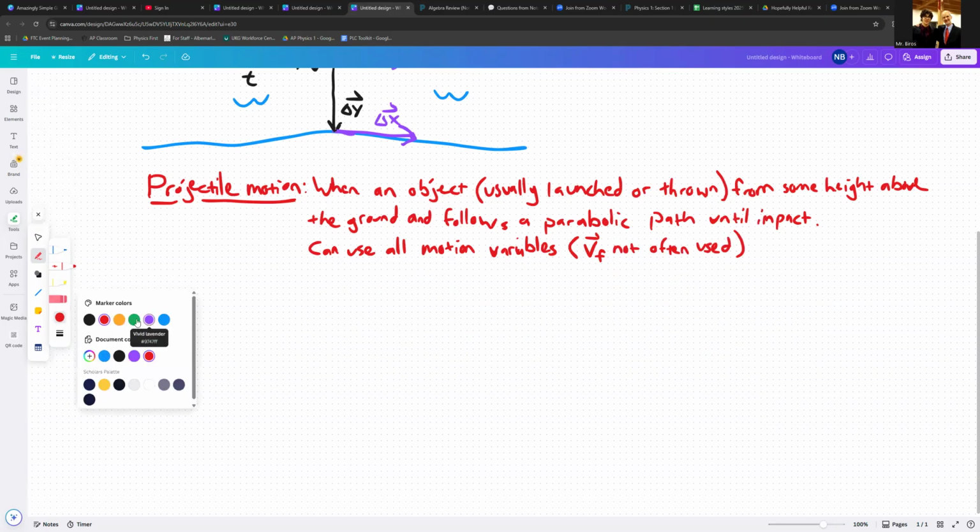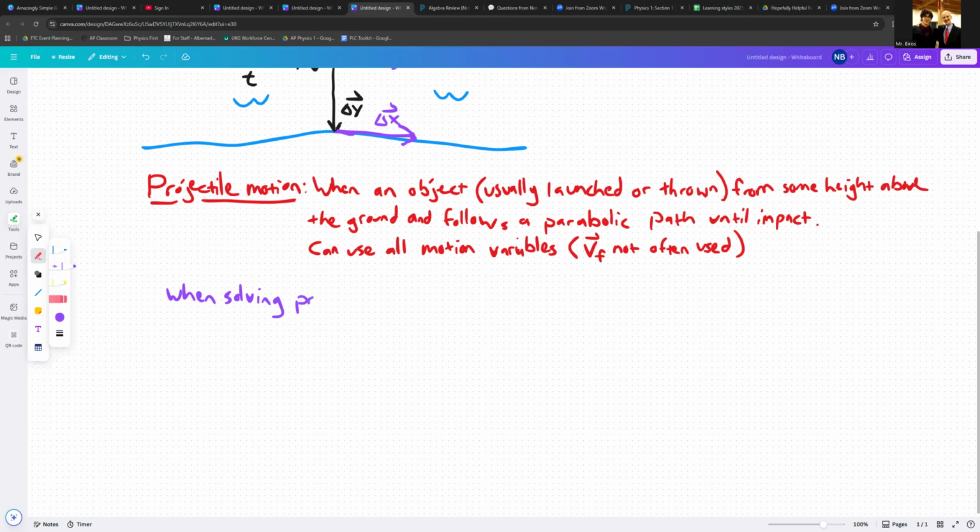So when solving projectile problems, or really, this also applies to just about any two-dimensional problem we could come up with, when we're solving these, we must use x or y kinematics values in separate x and y direction big five equations.